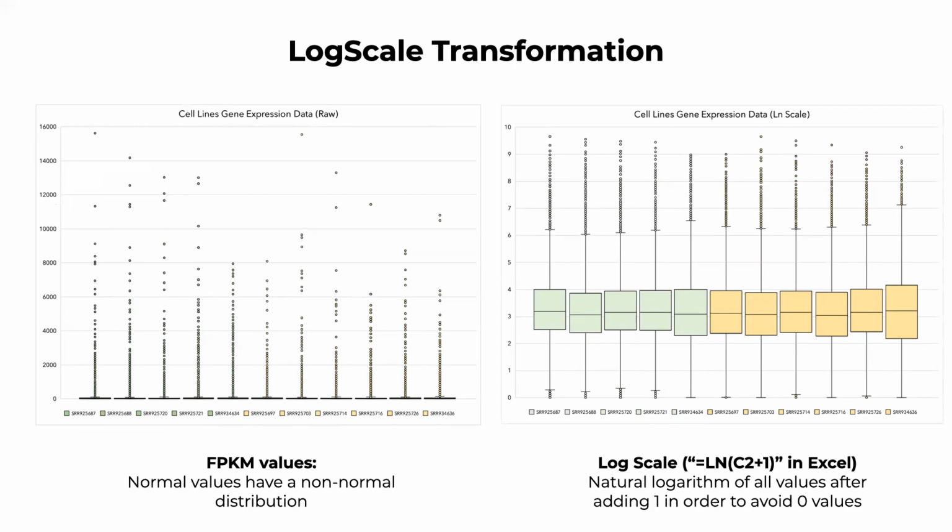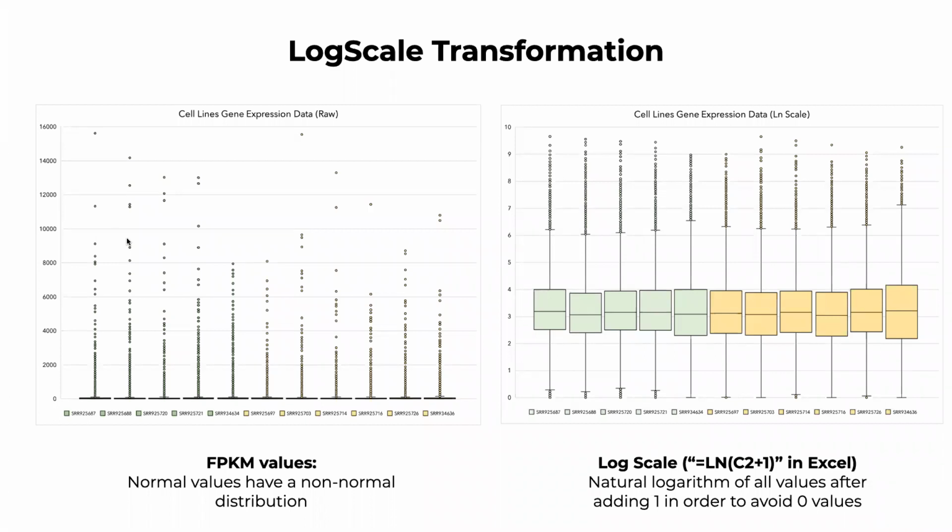So when we convert our data, as you can see here, we have the raw data, here we have the logarithmic scale data. When we convert it to the scale, all of a sudden the distribution is more normal. That's why this is called log scale transformation. And this kind of distribution is called log normal distribution. The log normal distribution means that if you convert it to logarithmic scale, it will look more normal.